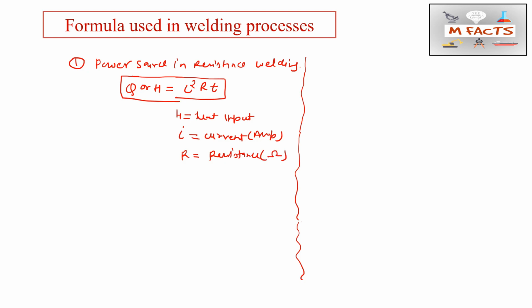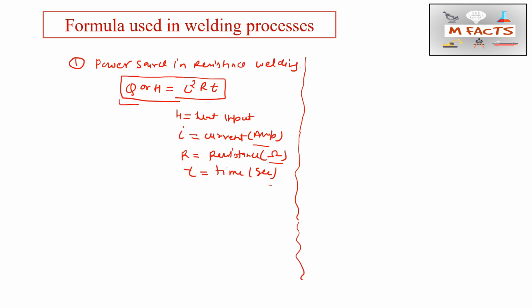This T is basically time, which we put here in seconds. So H is equal to I squared RT. Now we know that the current unit is ampere, the resistance is ohm, and the time is second. So we also know how to calculate the unit of H.